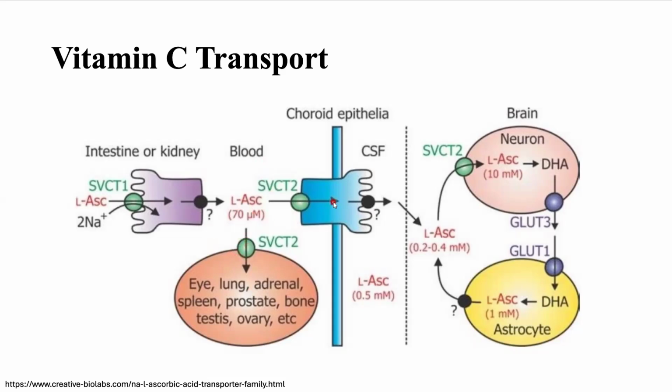Now it is in the blood, and it is going to be distributed into different parts of the body, for example, the brain, or other regions like lungs, eye, bones, ovaries. Once it's in the CSF, that is cerebrospinal fluid, it can go into the brain, to neurons and astrocytes.